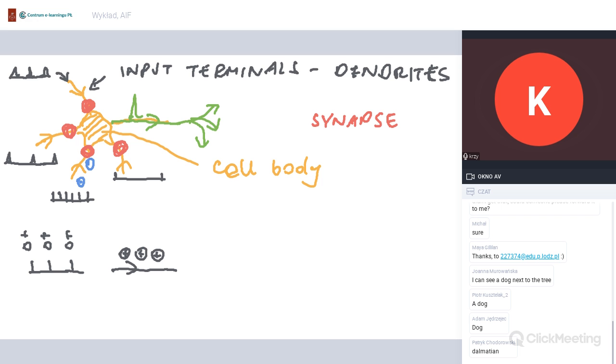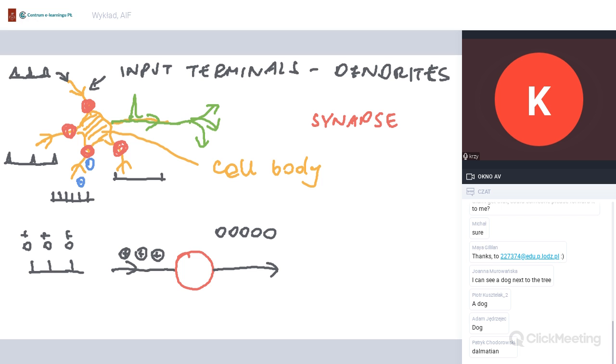And now there is this synapse, a structure that can do a few different things. So what are these things? The first thing is that it can proportionally reduce or increase the number of positive ions that flow to the right. For example, it can amplify this, so instead of 3, there will be 5.